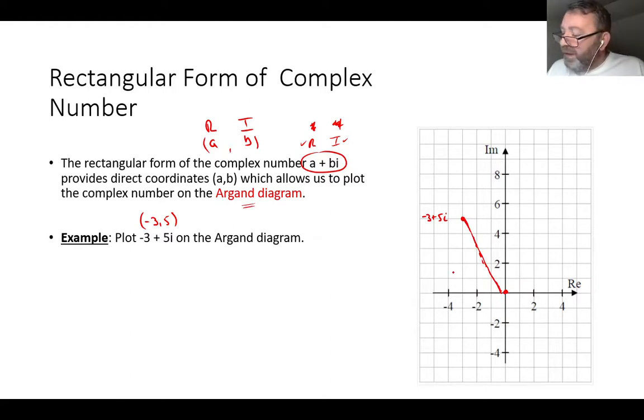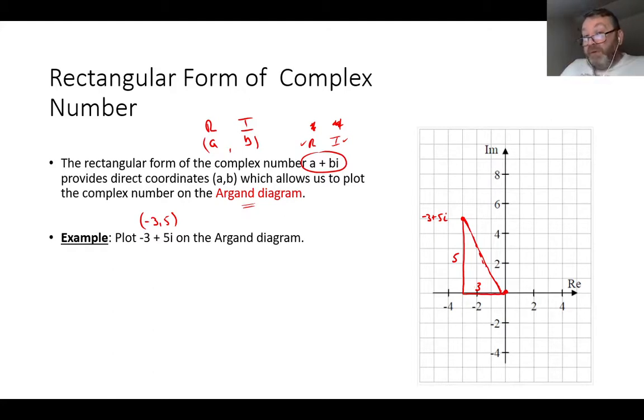How did I get to -3 plus 5i? I moved back 3 units and I went up 5 units. I've just developed a right angle triangle in which the base is back 3 units, up 5 units, and we end up with this hypotenuse, which is the modulus of the complex number.